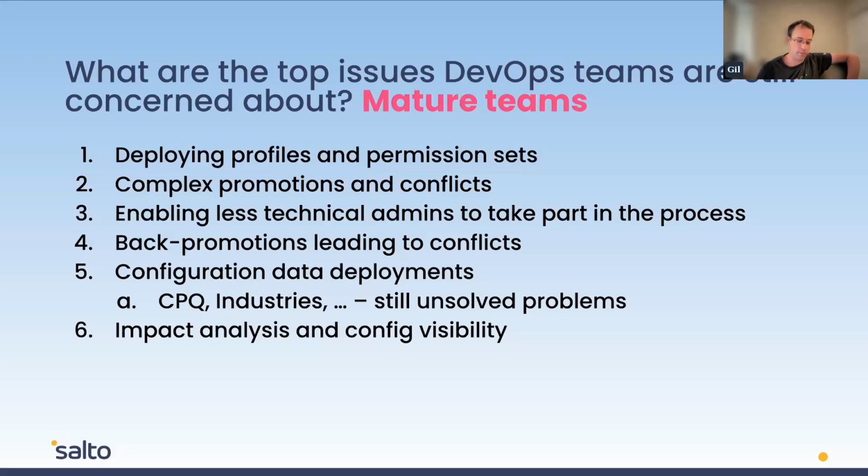The reason it caught me by surprise is that there are great free tools out there to help with that. One of them is by Salto. It's not the only one, but we have a free tier that helps with impact analysis and configuration visibility. And honestly, what I told everyone that shared those challenges with me is just, well, guys, it's a solved problem. Just use the free tier in Salto. There are some other free tools for that as well. You shouldn't struggle with that.